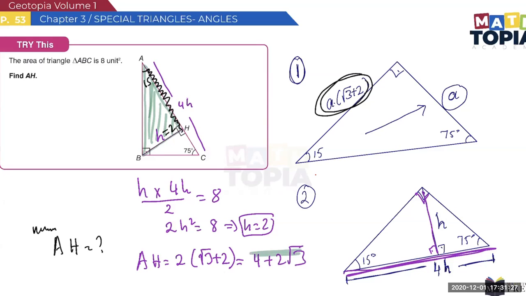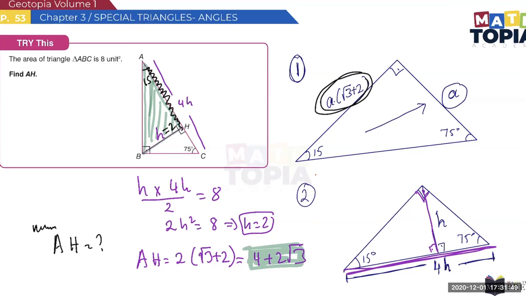That's my length of AH. Okay, if you don't know this one, please take note. These 2 features, it's useful. Of course, when it comes to trigonometry, you can always use trigonometry, but knowing this directly is also helpful.